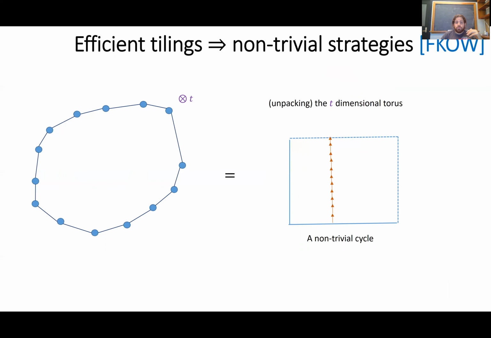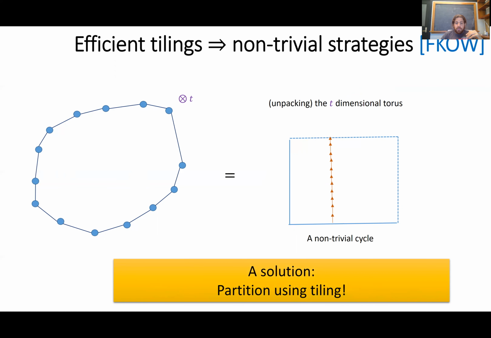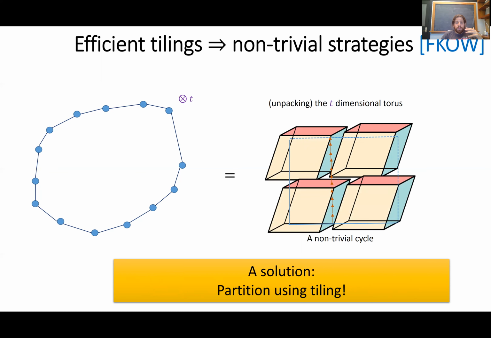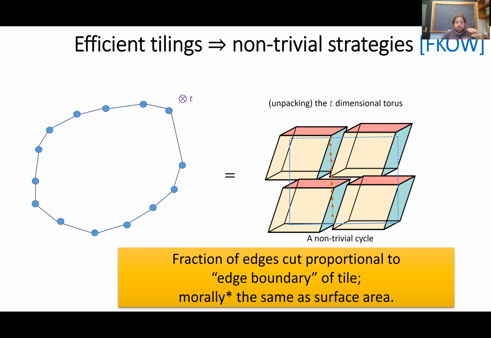How? Well, you simply take your tiling and put it on the torus. You put it here, there, everywhere. And then you remove all edges of the torus that go from one tile to another. By the earlier observation, this removes all of the non-trivial cycles from the torus.